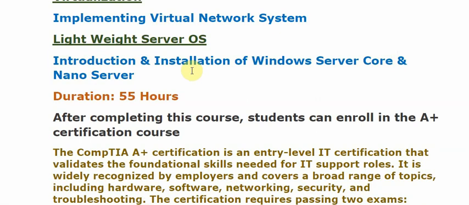Specifically when we are implementing a network system, the server operating system is also GUI, so to reduce this resource consumption, they introduced a lightweight operating system. Therefore we need a very good understanding. So here not just an introduction, we will be using Server Core, and we can see how these operating systems are used in a network.